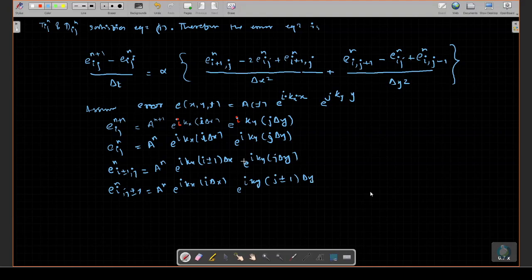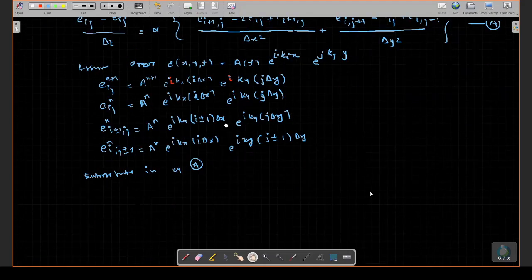It can be written like this. Now substitute this in the equation, say equation A, capital A. Substitute in equation A.